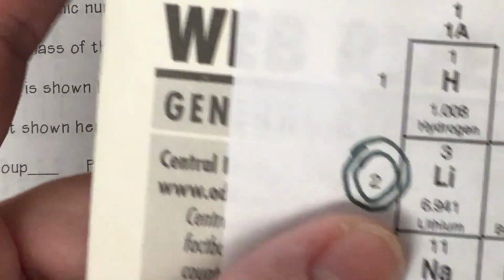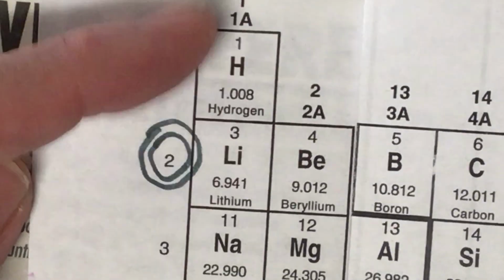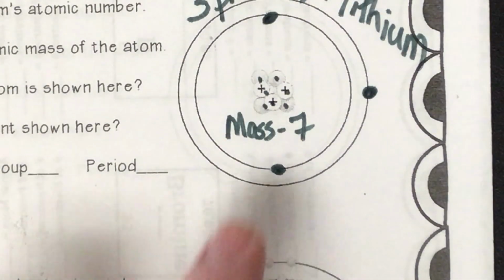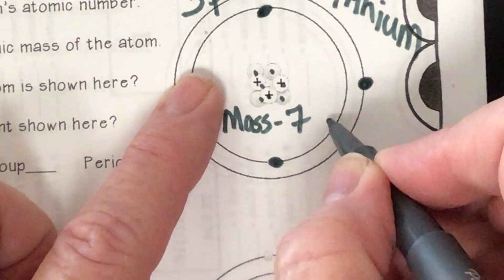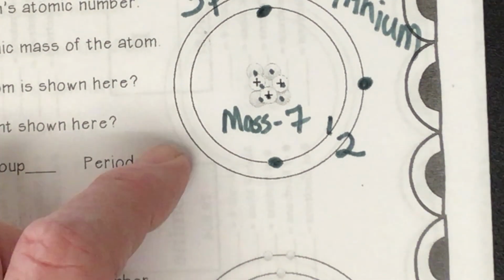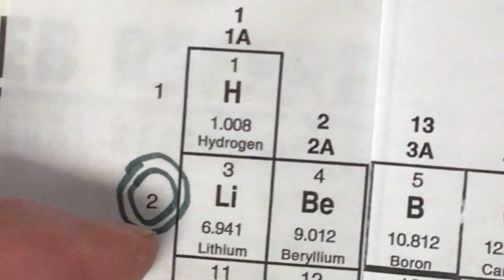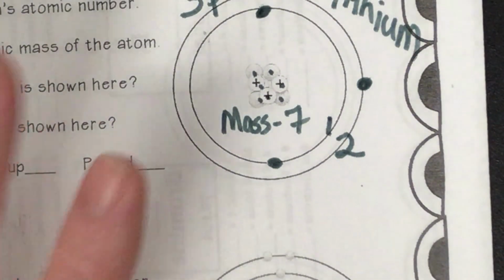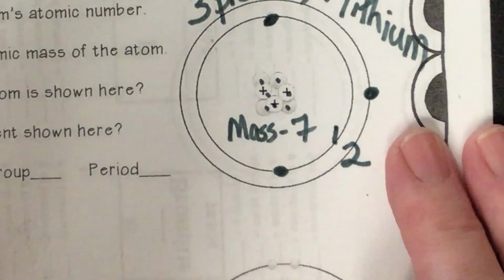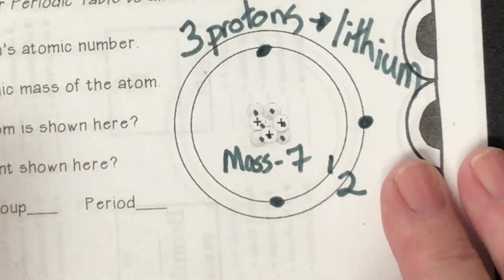So lithium, you said it had 1 valence electron. It should be in group 1, right? Now, how many energy levels does it have? 1, 2. We used 2, right? So let's look at lithium. Is it on period 2? Yeah. So we can learn by looking at this Bohr model what the element is, what its mass is, and the group and period.